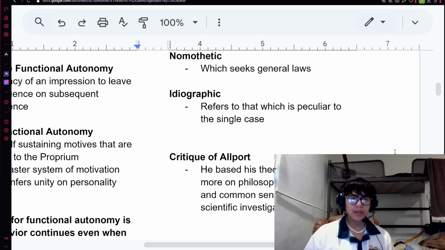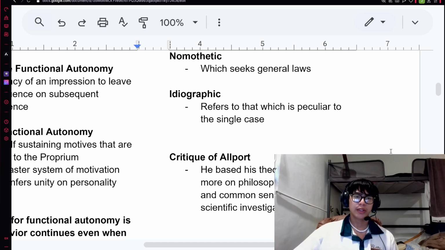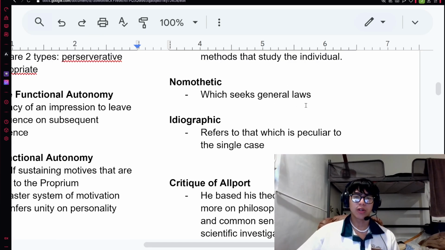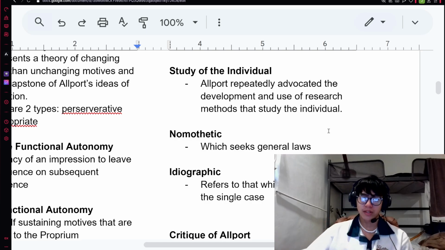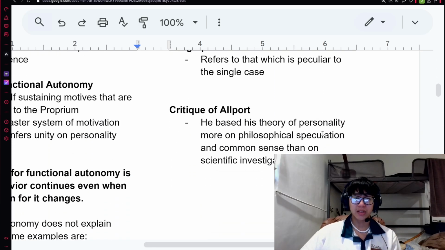So idiographic is basically outliers, things that are not usual or normal. And nomothetic seeks general laws, or basically a group.